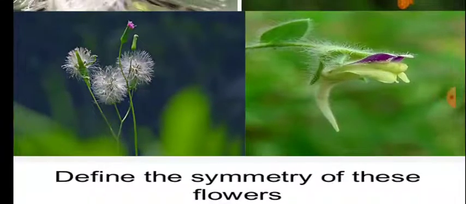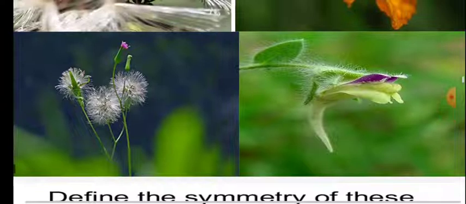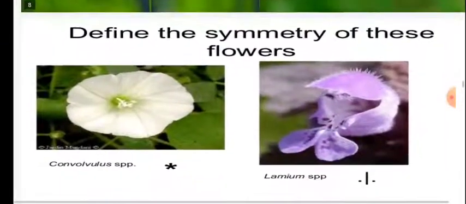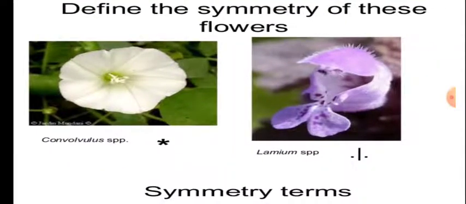So this flower shows a specific type, here is also the spot type of calyx. Then in the symmetry of these flowers, generally it is actinomorphic, convolvulus, right, and the second example is the lamium.